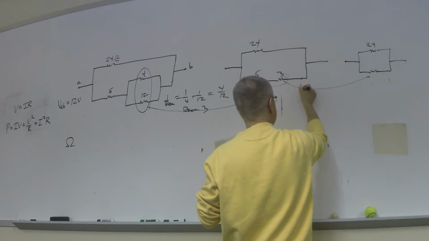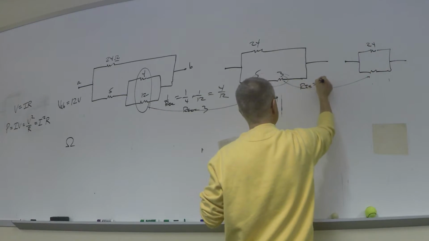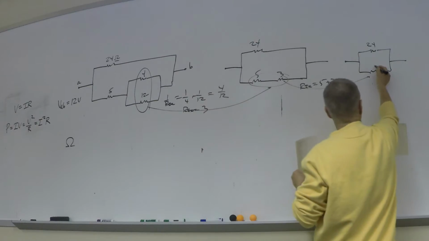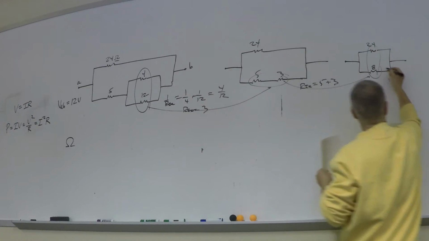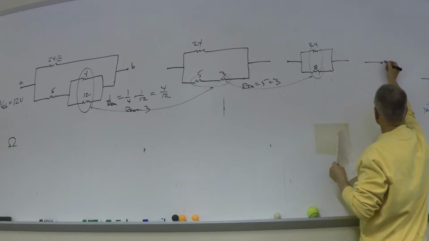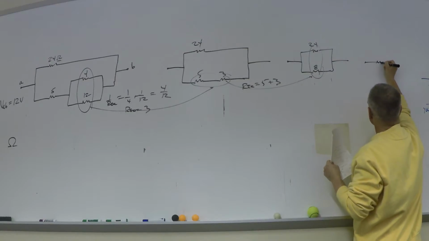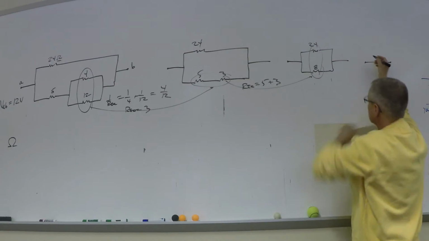If they're in series, that's when with resistors we just add them up. And then these are in parallel. And we finally get to our final equivalent resistor.